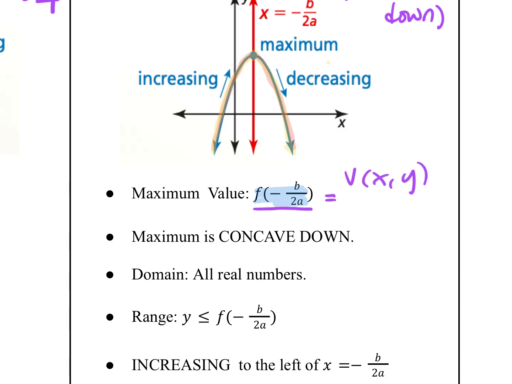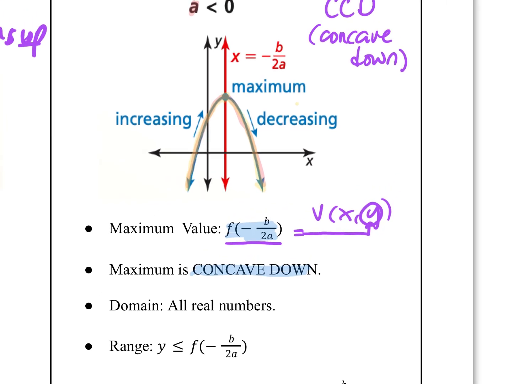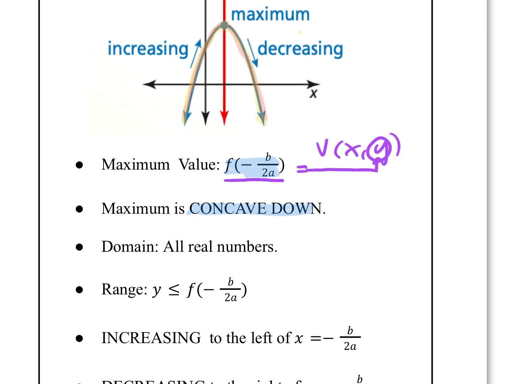When you say f of negative b over 2a, it's actually referring to this value of y. The maximum is concave down. I introduced that again to you today. I hope you're going to remember that. Concave down, aside from the keyword that we always use, which is opens down.